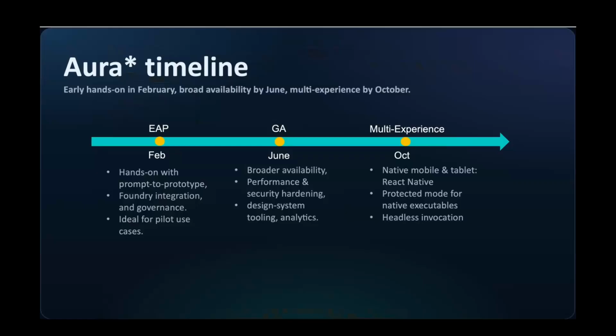But eventually around October it will be able to build mobile and tablet applications as well. So a more enhanced release would be towards basically the fourth quarter of the year. But yeah, we go GA in June.